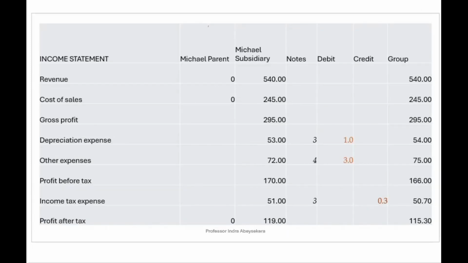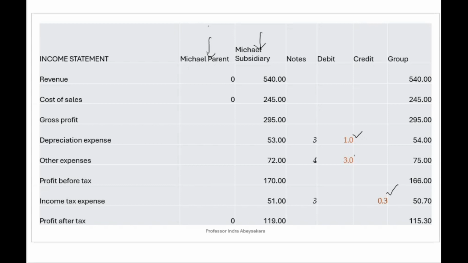In the income statement, Michael had no activity in 20x2. Michael's subsidiary had activity and made profit. In the income statement, there was depreciation expense of 1 that was included in the current period, and the income tax decrease of 0.3 because of this expense.